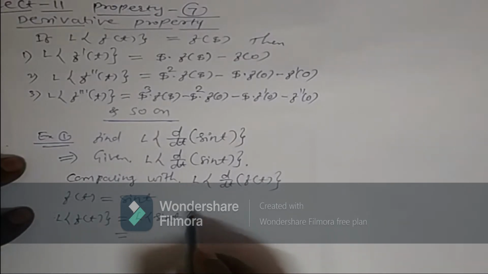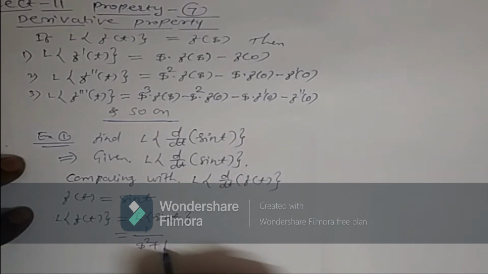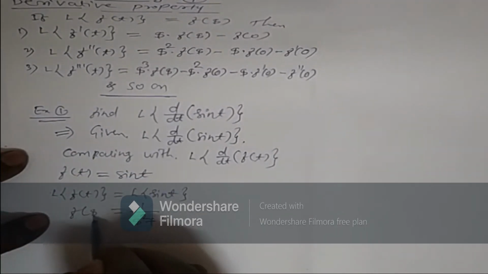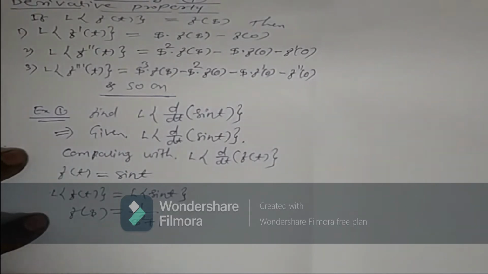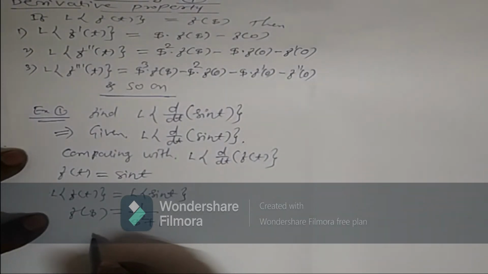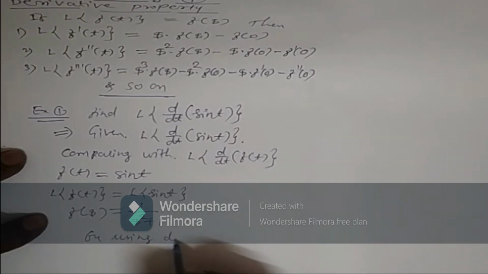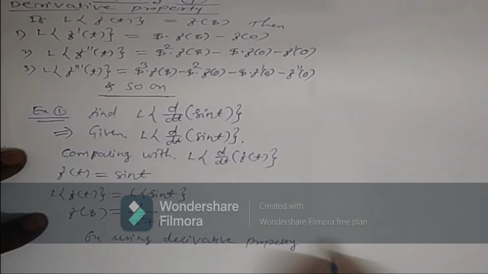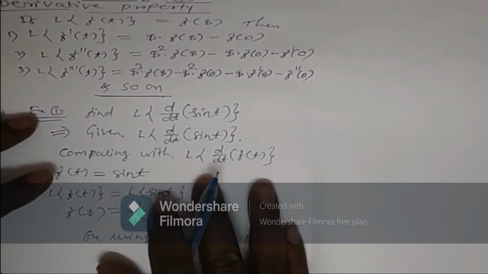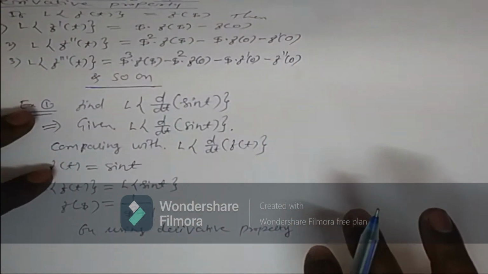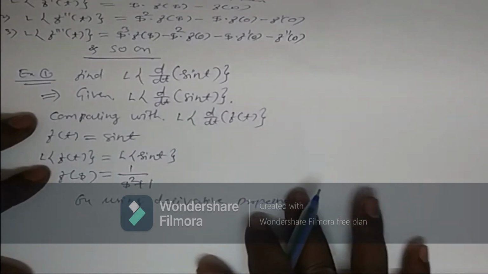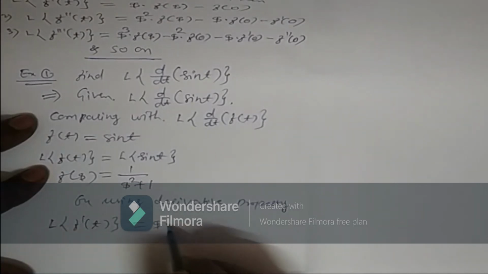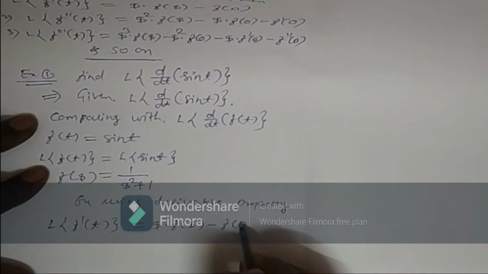What is the Laplace transform of sin t? It is 1 upon s² plus 1. So this is the value of F(s). Now by using the derivative property, what can we write here? Laplace transform of f'(t) is equal to, what is the formula? s F(s) minus f(0).